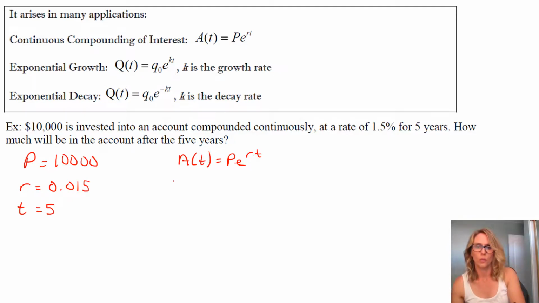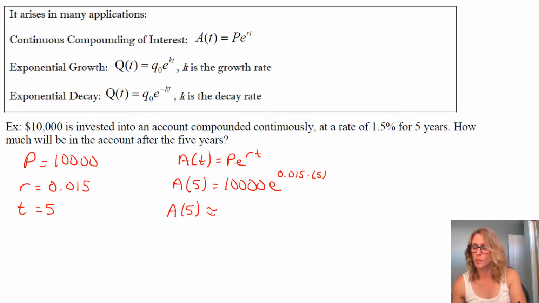Now, we just simply put those values in and see what comes out. E, and then we put our R always as a decimal, not as a percent, times 5. There we go. And we plug it in and we see what comes out. And you should have, hopefully, 10,778.84. Talking about money, so we're going to round to the nearest cent.